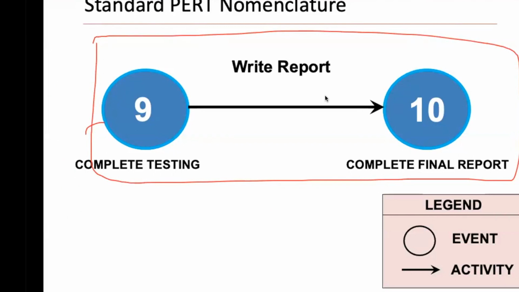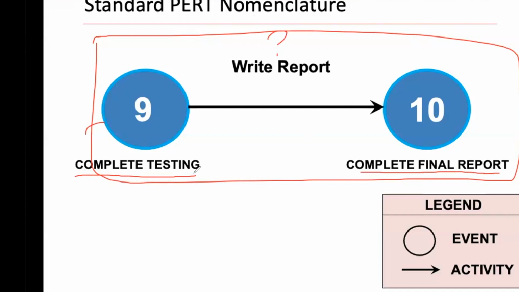Yeah, so you need a time element. Right, John, exactly. You need a time element. How long does it take for the report to be written? But before that as well, to complete the final report, you have to complete the testing. The arrows tell me that before I even start writing the report, the test should be completed.